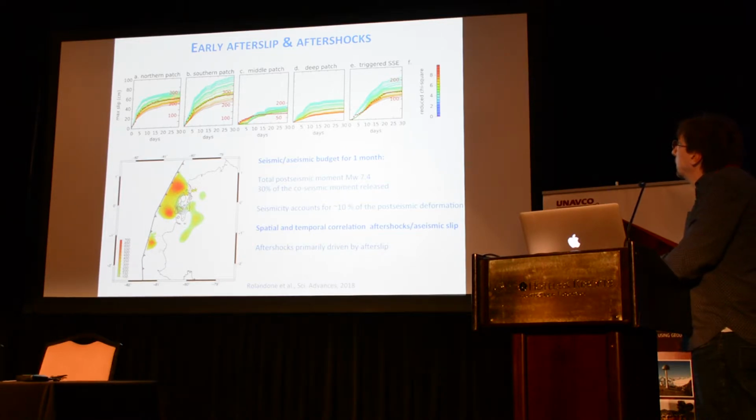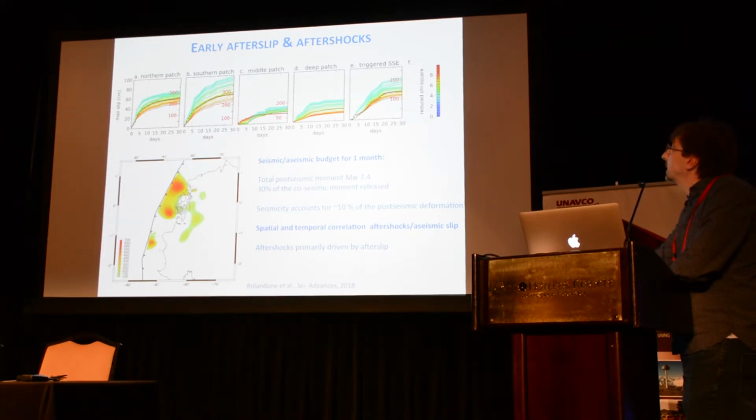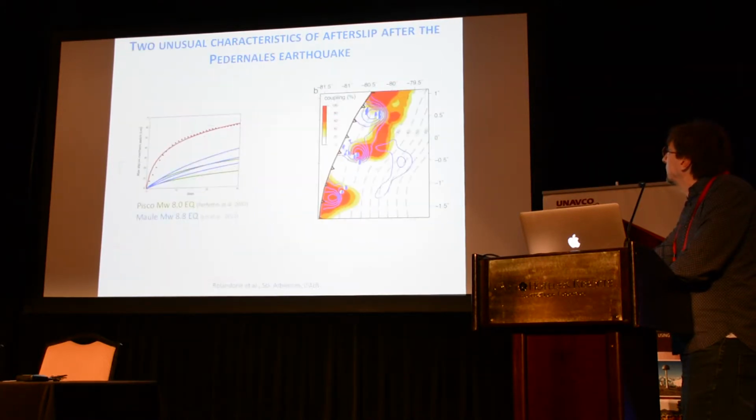And you see that for all the patches that we have here, including the remotely triggered slow slip event, their number of cumulative aftershocks really looks like the cumulative slip that we observe. So the interpretation is that afterslip is the main process driving the aftershock sequence in that case.